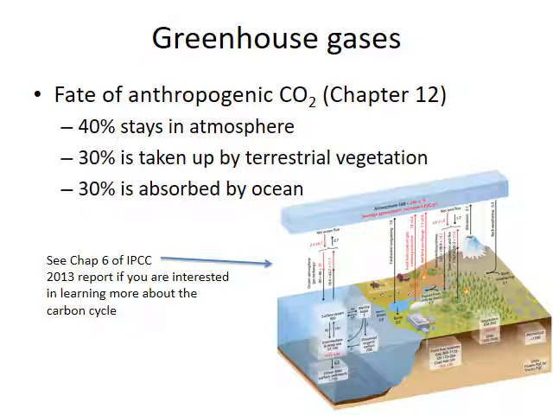And 30% is taken up by the ocean, so the carbon dioxide is dissolving into the ocean and therefore also increasing the carbon dioxide content in the ocean. But terrestrial ecosystems are also taking up quite some portion of the carbon dioxide, 30% of it.